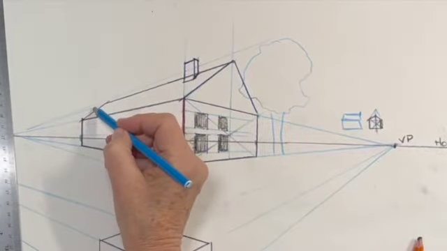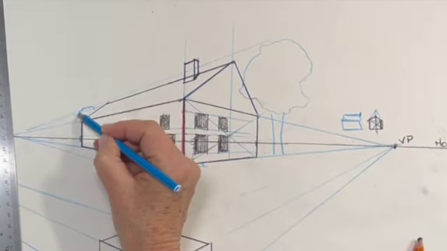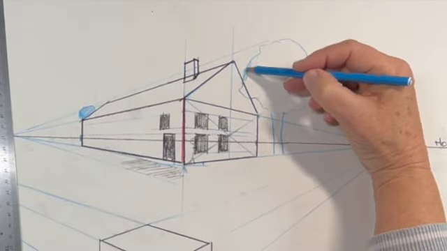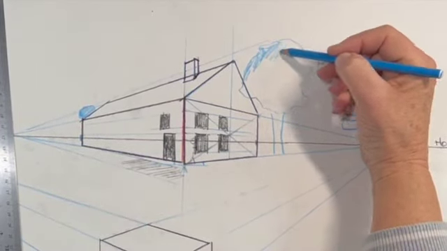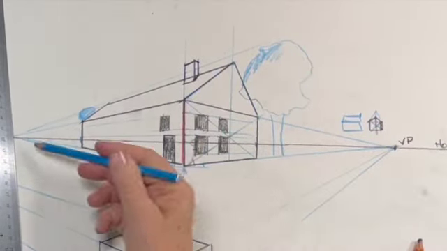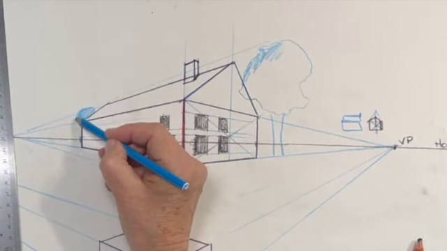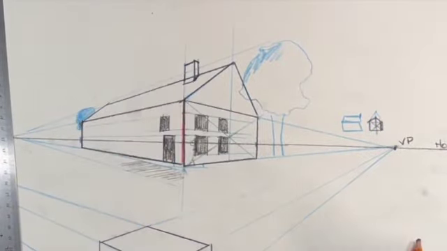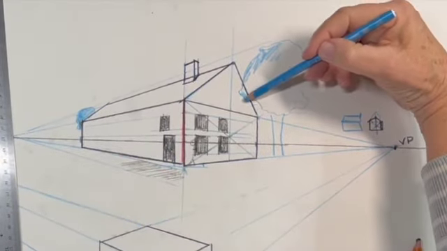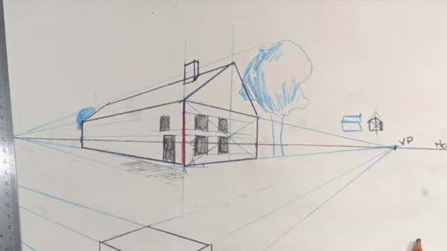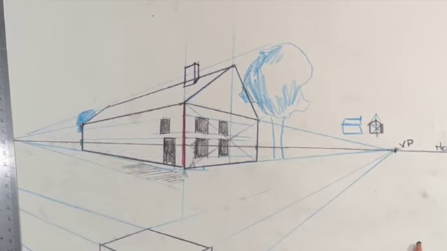So the tree on this side of the house would be this tall, to be in keeping with the height of the tree over here. Your perspective lines would determine exactly how tall that tree is. You don't want the tree back here to be this tall. It's going to be twice as high in reality. We need to keep perspective going to create that illusion of space.